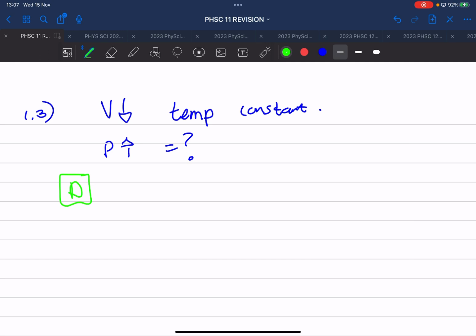Yes, they might move a bit faster, some of them. But particles moving faster is linked with temperature. The hotter you make the gas, the faster the particles move. So it is not a direct answer or link.